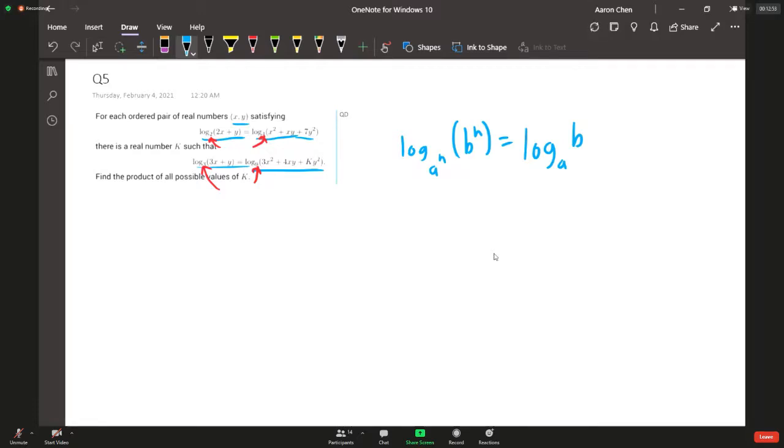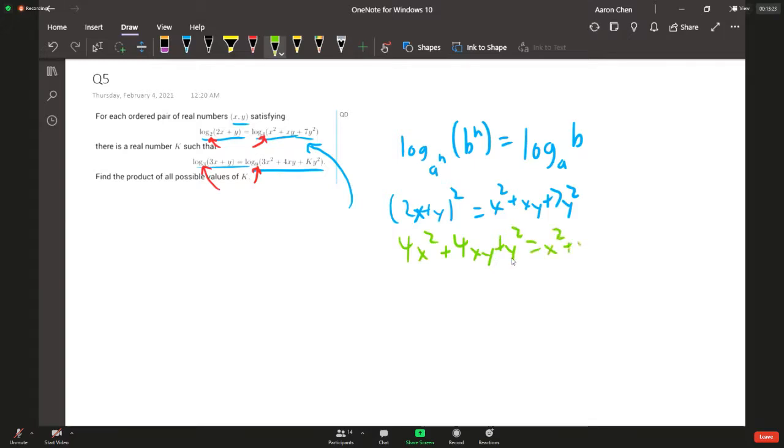What that tells us is that for here, (2x plus y) squared is equal to x squared plus xy plus 7y squared. We can just expand this out: 4x squared plus 4xy plus y squared equals x squared plus xy plus 7y squared.